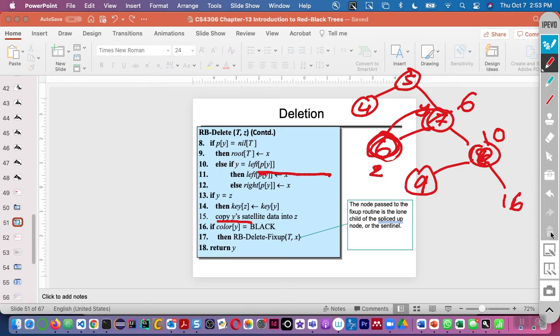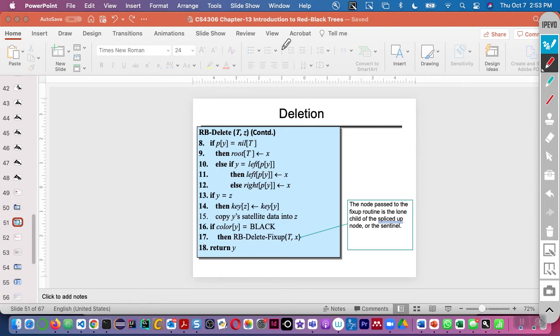It starts with 10 and then 8, maybe 6, maybe 4, and then 15.